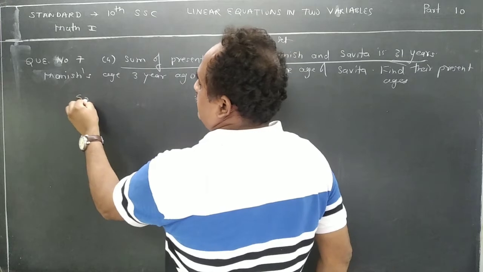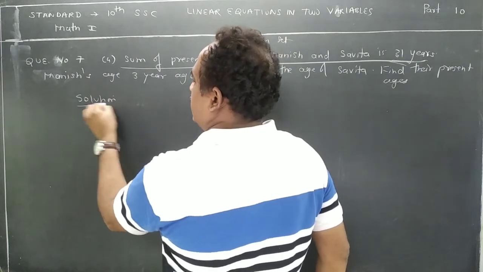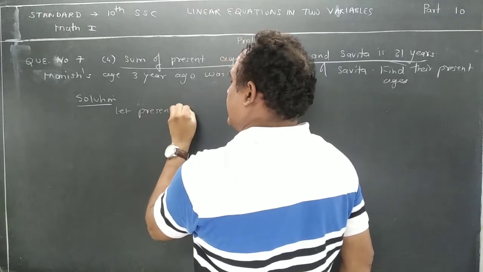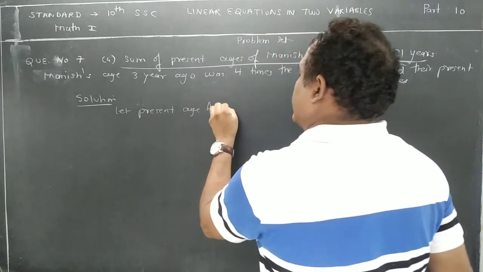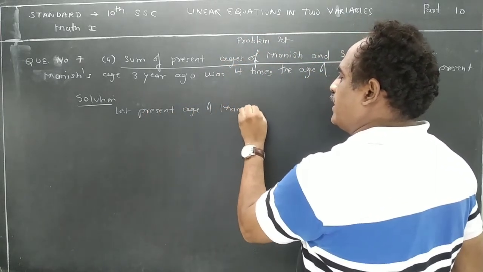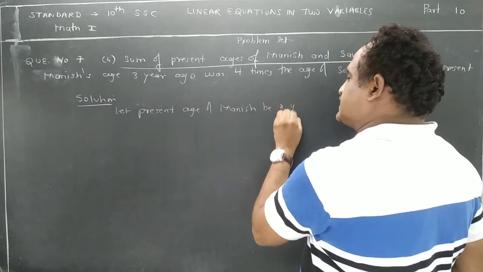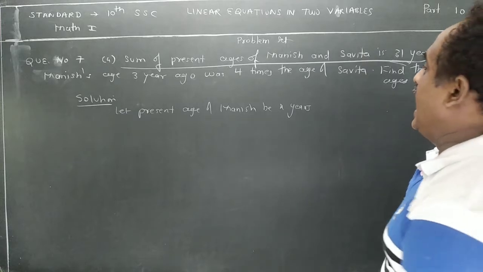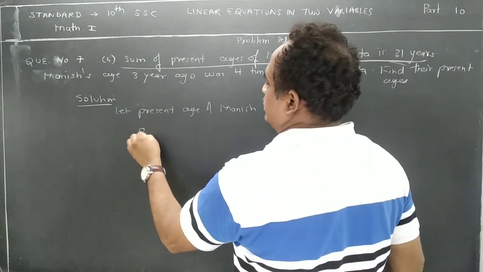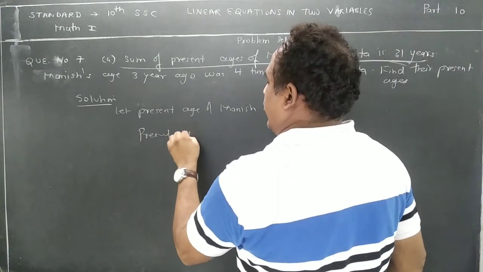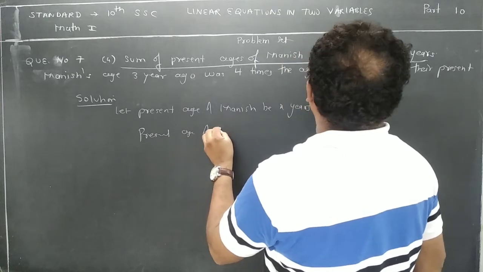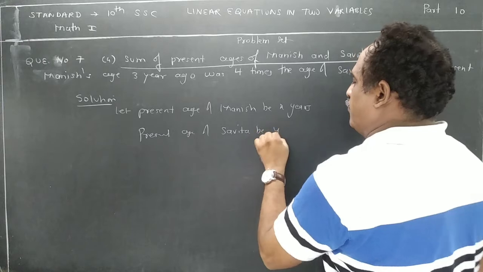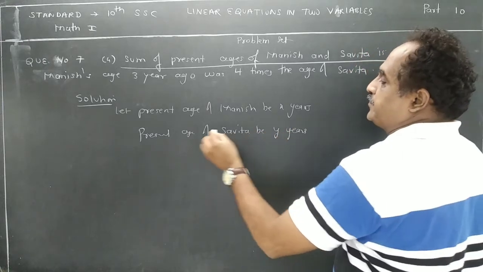Solution. Let the present age of Manisha be x years, and ages will be measured in terms of years. And the present age of Savita be y years.